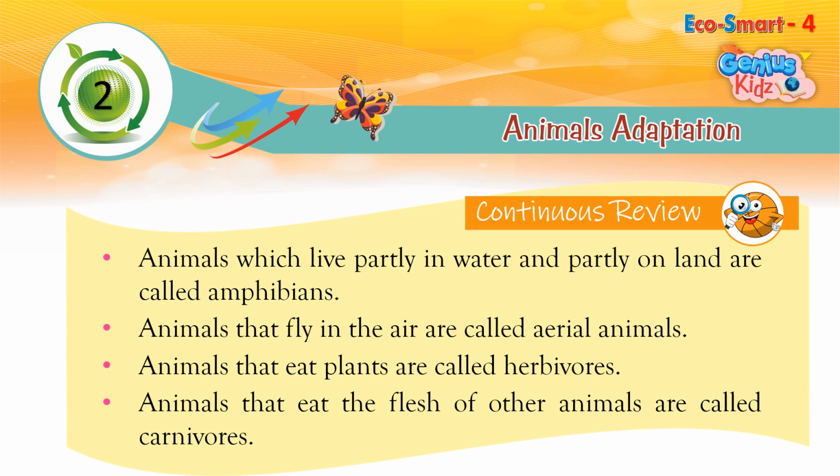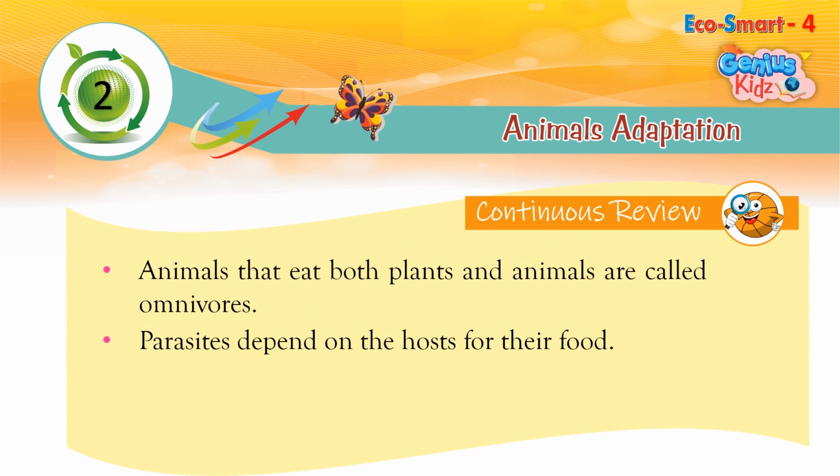Animals which live partly in water and partly on land are called amphibians. Animals that fly in the air are called aerial animals. Animals that eat plants are called herbivores. Animals that eat the flesh of other animals are called carnivores. Animals that eat both plants and animals are called omnivores. Parasites depend on the hosts for their food.